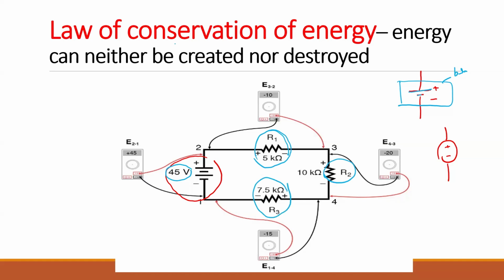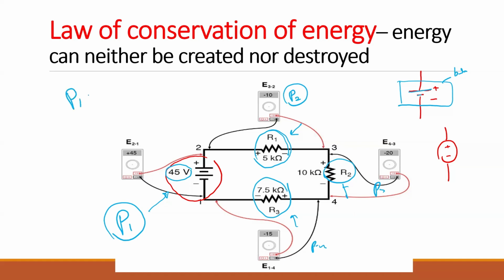When you look at the energy conservation law, energy can't be created or destroyed. So whatever the energy supplied by this battery is used by these 3 resistors. Does that make sense? If you want to find the energy or the power, P1 should be equal to the power consumed at P2, P3, and P4.